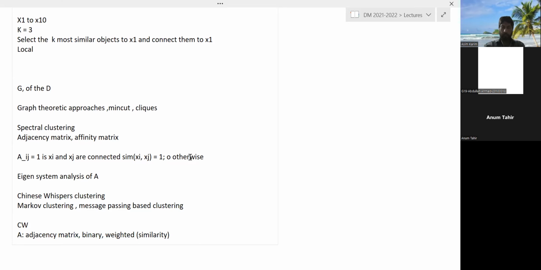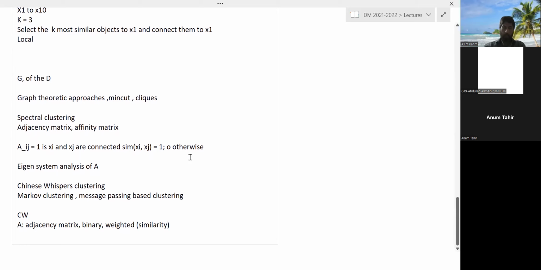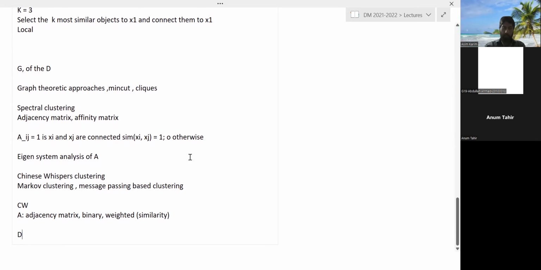So this defines your graph, of course. Okay? And then we have another matrix D. This D is not the data set. This is a D that is used in this algorithm.